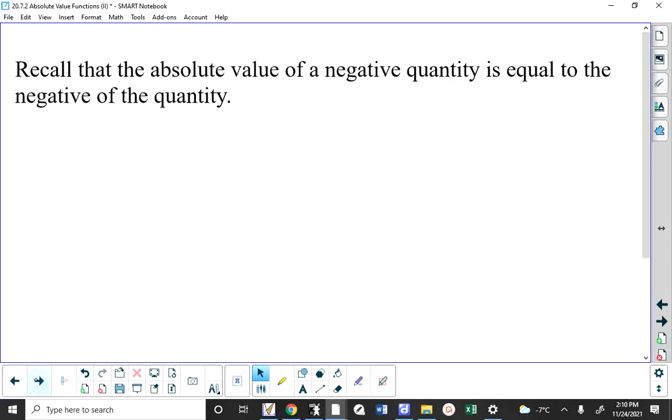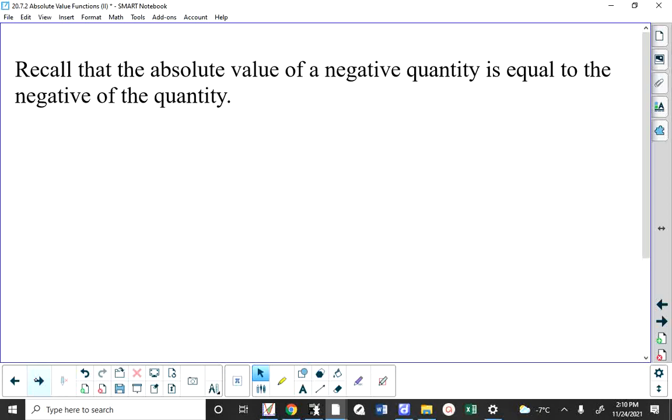The first thing I want to remind you of, and I've talked about this already, but it hasn't been formally in your notes, is that the absolute value of a negative quantity is negative 1 times that quantity. The absolute value of a negative quantity is equal to the negative of the quantity. Just think about that.